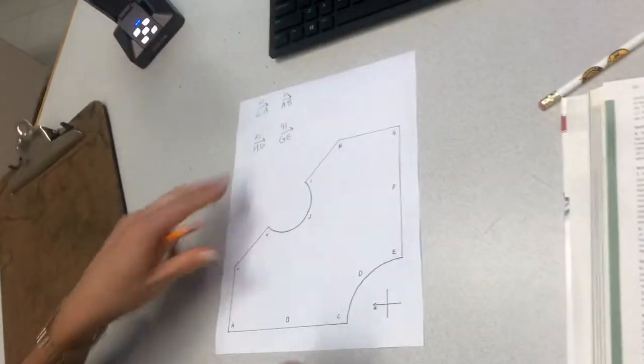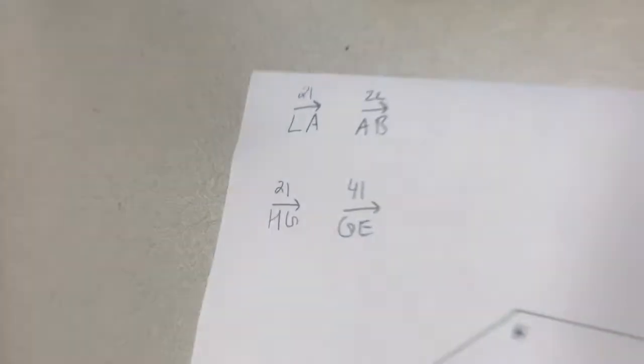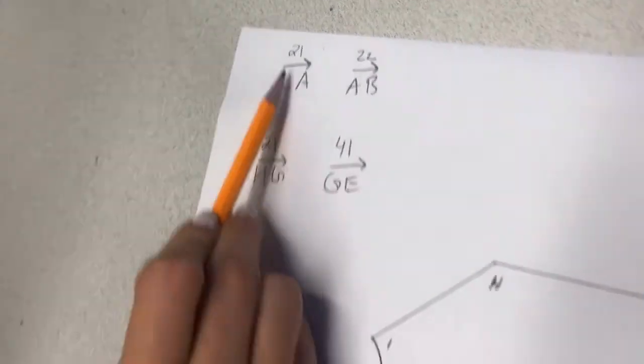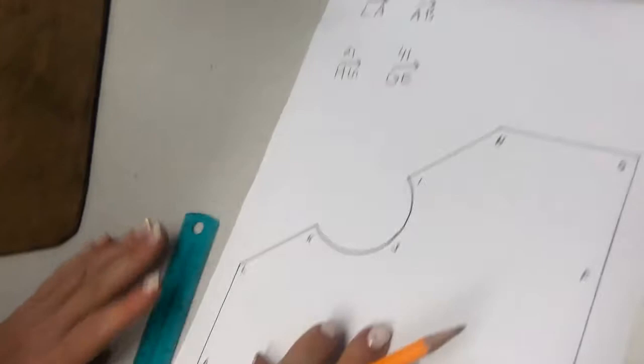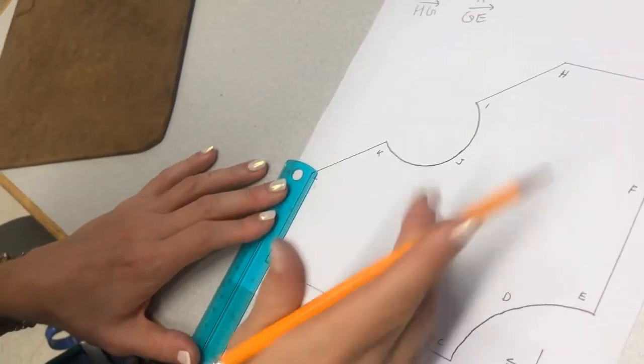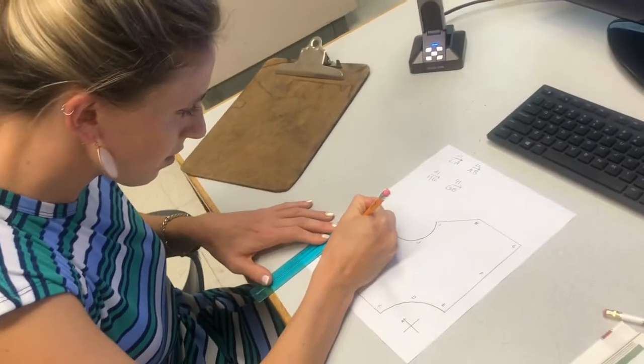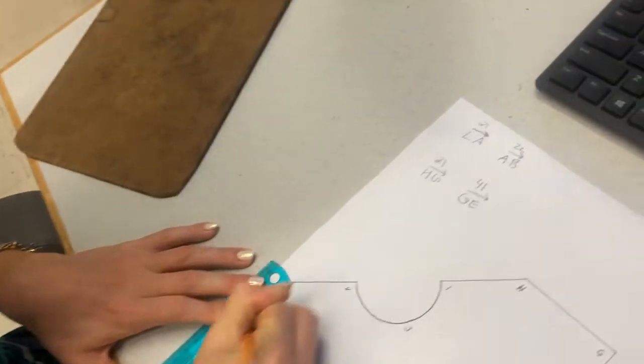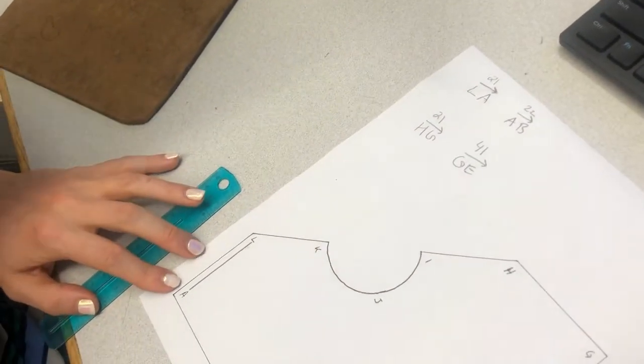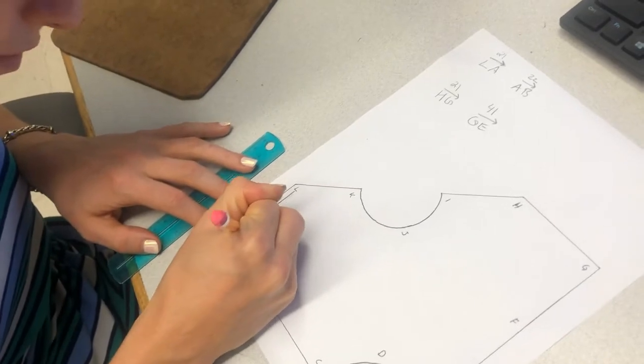Okay, so the first vector was L to A. We started at L and went to A. Where does my arrow go? What direction were you going? It's walking this way.